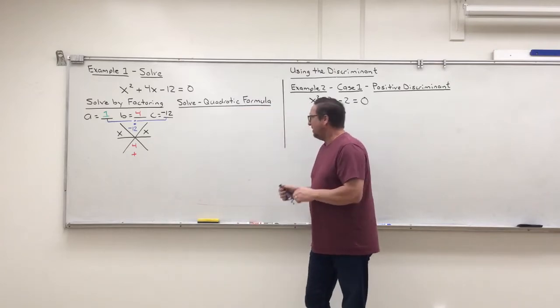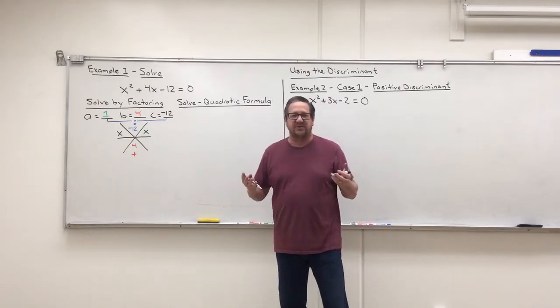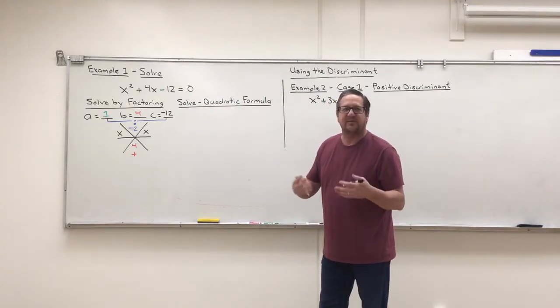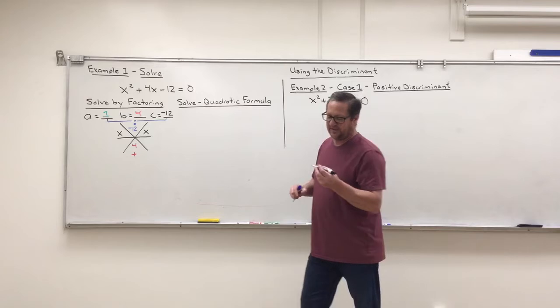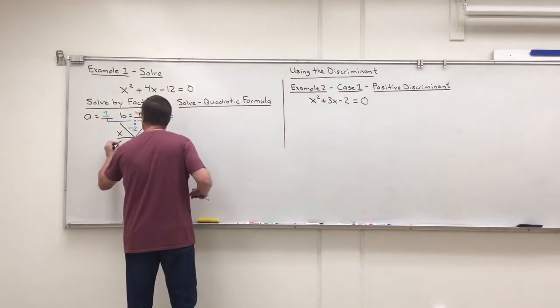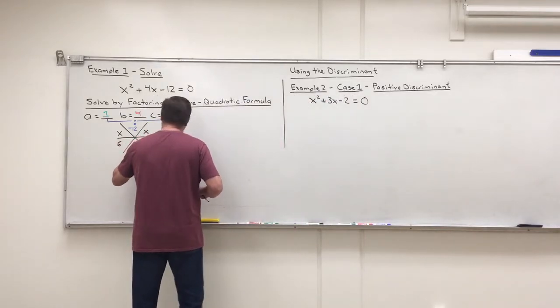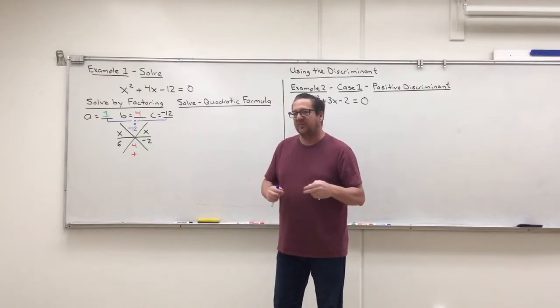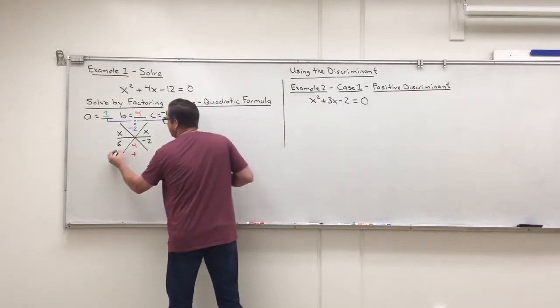What we're simply looking for here, of course, is two factors of negative 12 that add up to 4. We've probably done this exact problem a few times. So we get 6 and negative 2. Remember, it's really easy to check to see if this is working out.